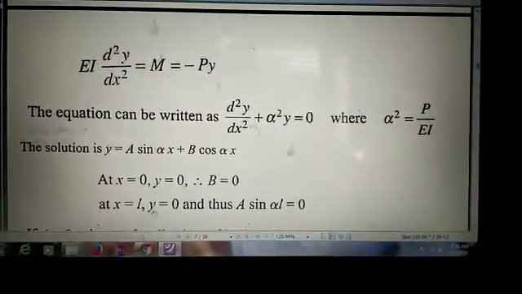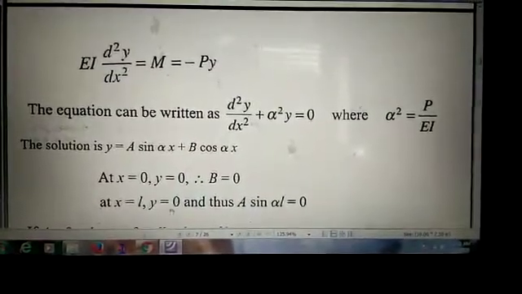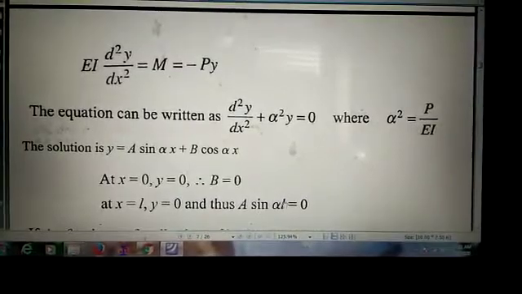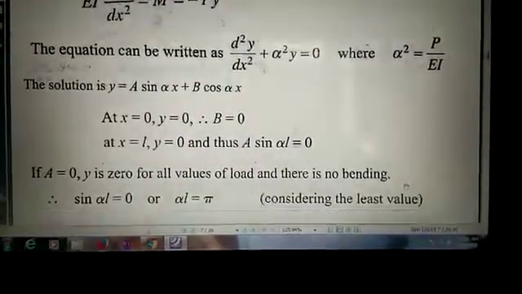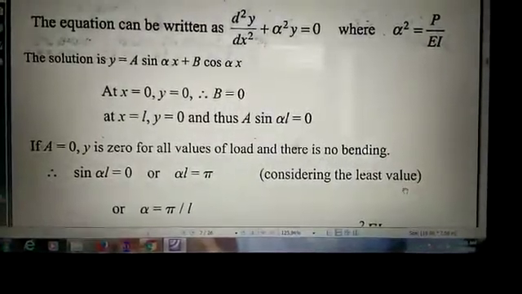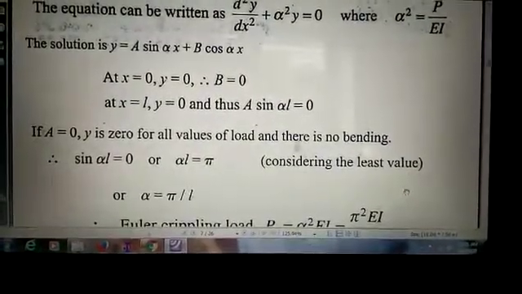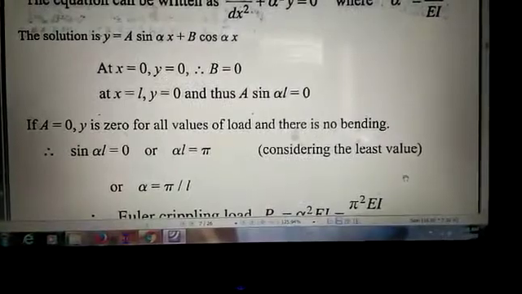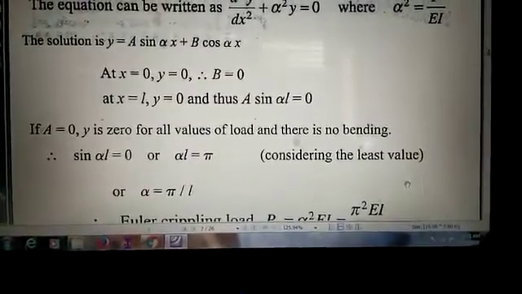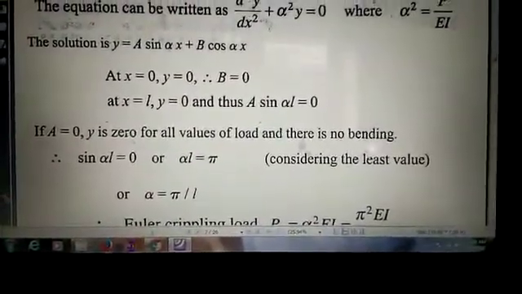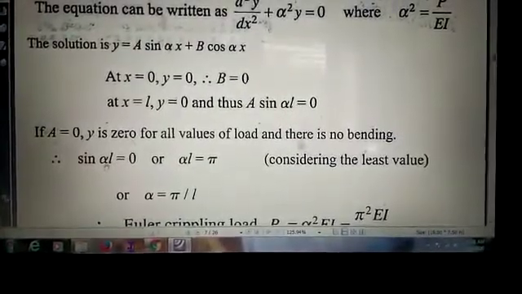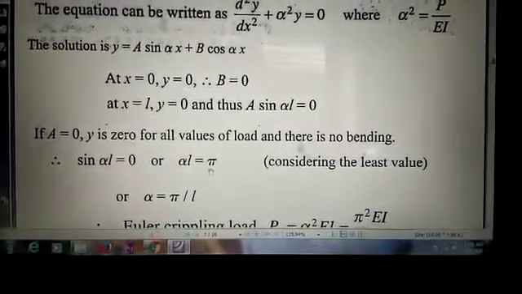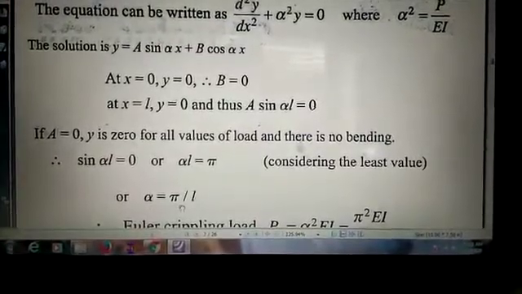At x is equal to L, y is also 0, then a sin alpha L is 0. If a is 0, y is 0 for all values of load, there is no bending. So sin alpha L is 0. Alpha L is pi, so alpha will be equal to pi by L.